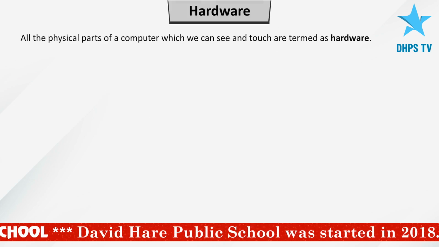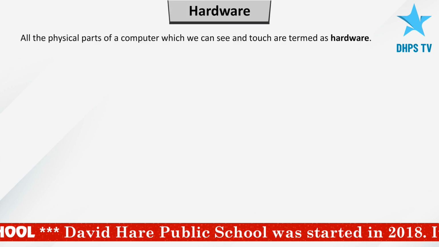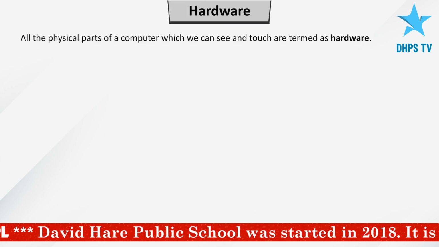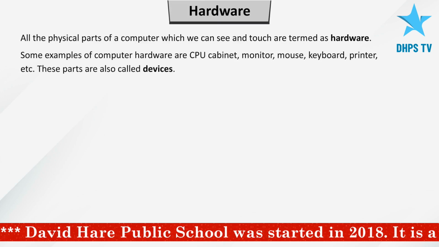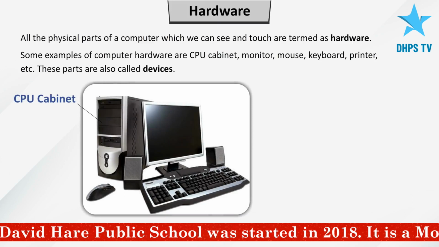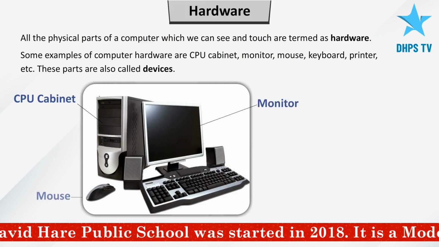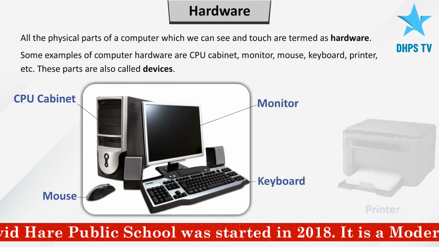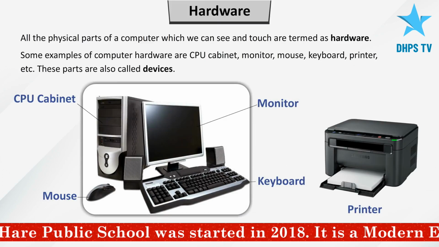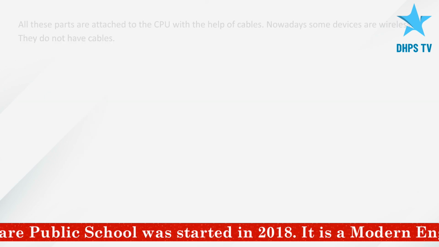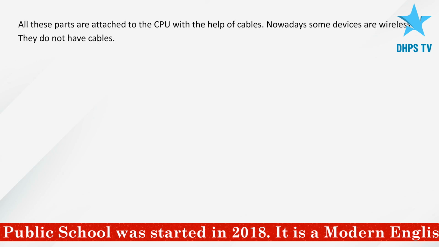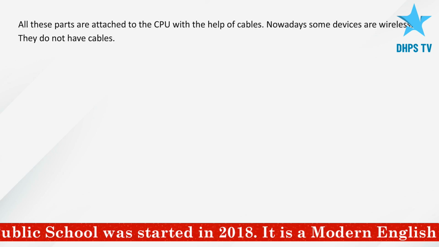Hardware. All the physical parts of a computer which we can see and touch are termed as hardware. Some examples of computer hardware are CPU, cabinet, monitor, mouse, keyboard, printer, etc. These parts are also called devices. All these parts are attached to the CPU with the help of cables.